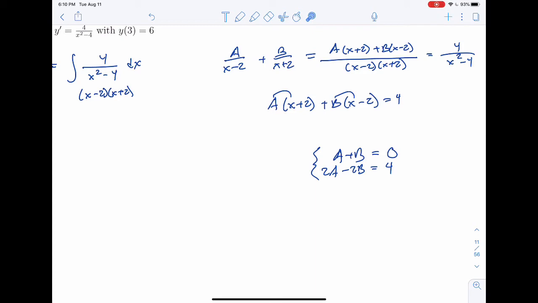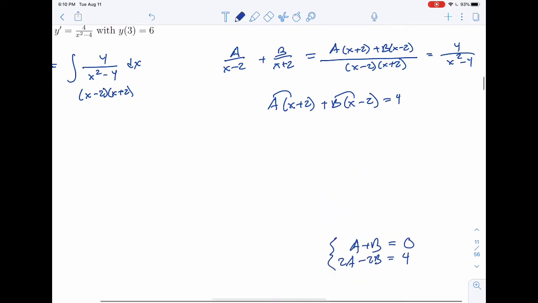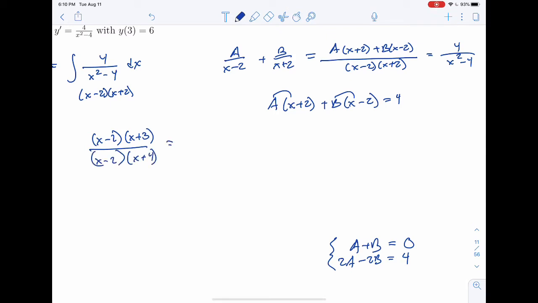That's all fine and good, and sometimes you get stuck doing that, but why don't we do the easy way? And this easy way makes me feel gross inside a little bit, because when you come back up here, if you take a fraction, say (x minus 2) times (x plus 3) divided by (x minus 2) times (x plus 4), we say this is equal to (x plus 3) over (x plus 4).